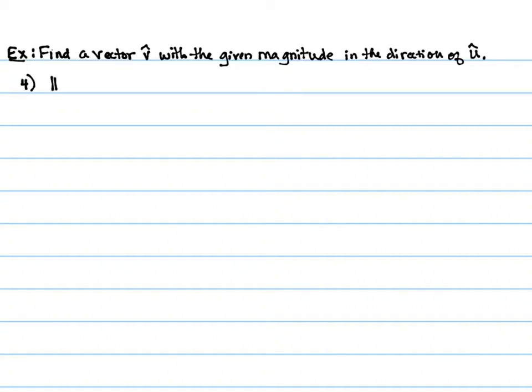So we want our new vector that we're calling v to have a magnitude of 5. And the unit vector that we are given is the vector 3, 1.